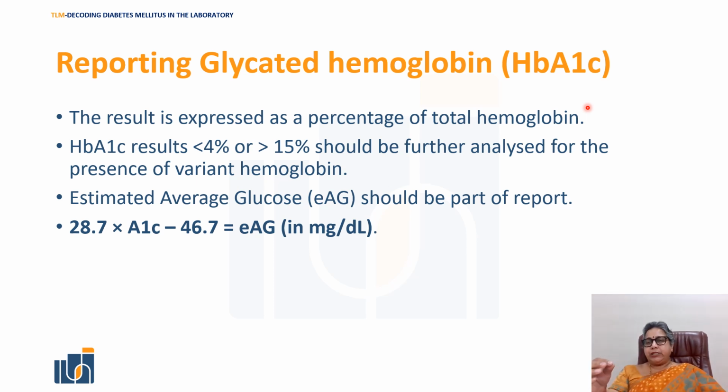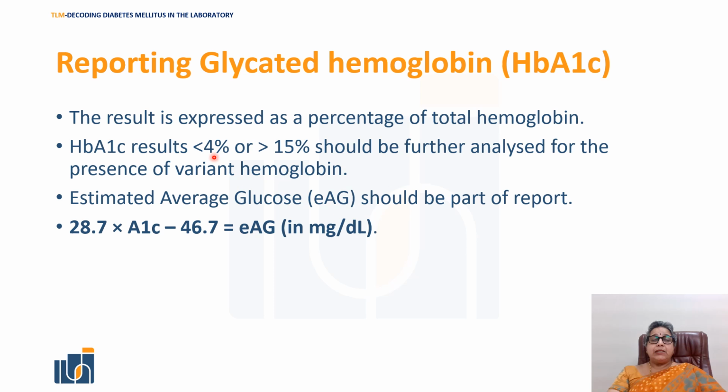and it will show you a graph, and from that graph the amount of HbA1c that is there will be determined. So it is eluting the various fractions of hemoglobin and a graph is generated, and depending upon the area under the graph the amount of HbA1c will be determined.